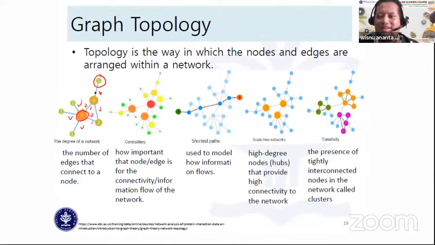So in the final project, this is something that should be noticed or highlighted, which is the protein that has the highest degree in the network. In the final project, you will be divided into 7 groups.